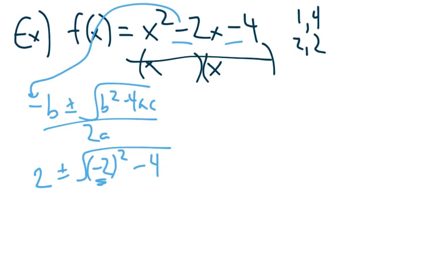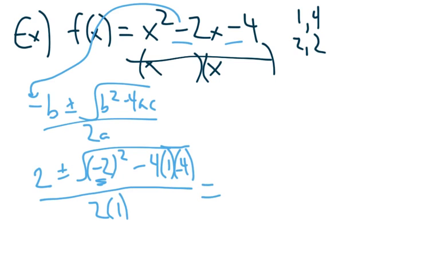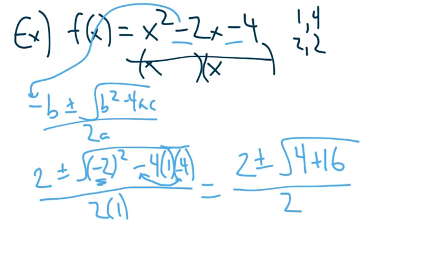Minus 4 times 1 times 4, or negative 4, all over 2 times 1. We start to simplify that, and we'll get 2 plus or minus the square root of 4, and then this negative and this negative cancel each other out to make a positive sign, plus 16 all over 2.